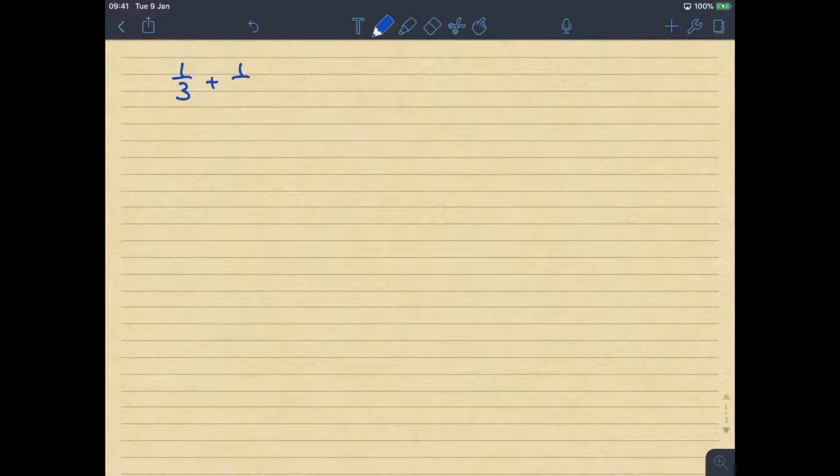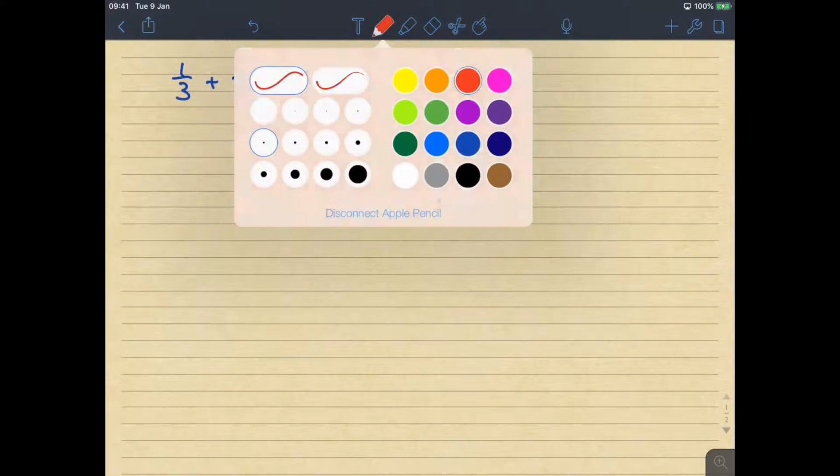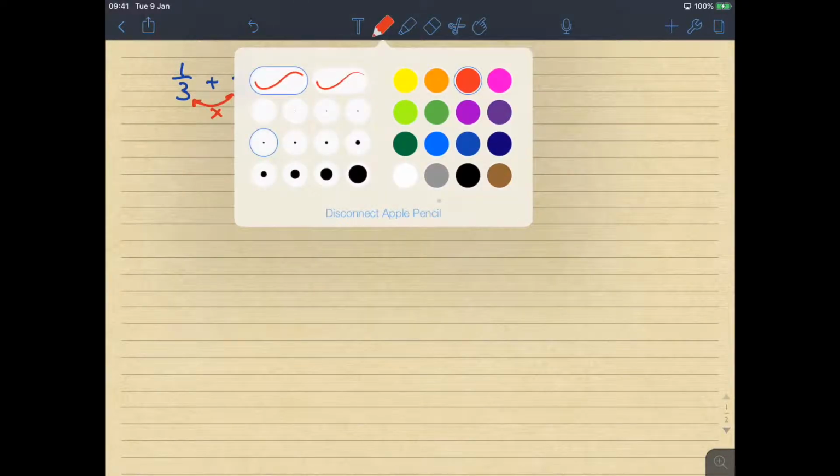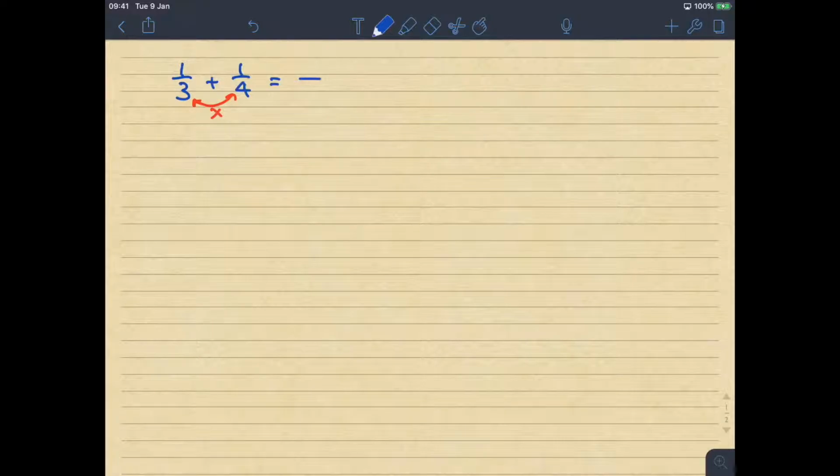A third, add a quarter. Okay, so first of all, what we need to do is multiply their denominators together. So what you get is equal to 3 times 4 is 12. And then next, you need to add the numerators.